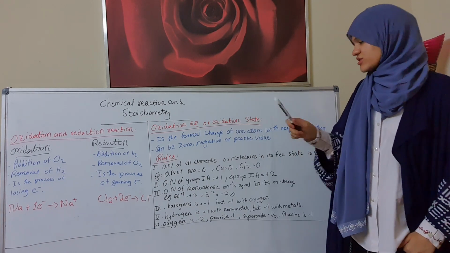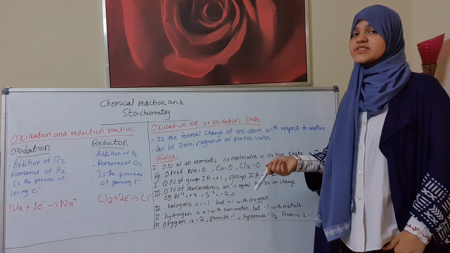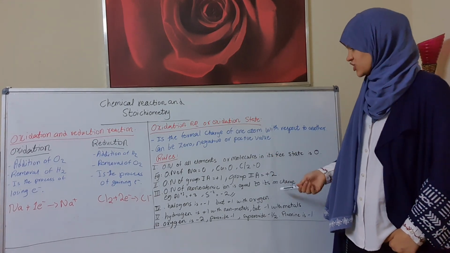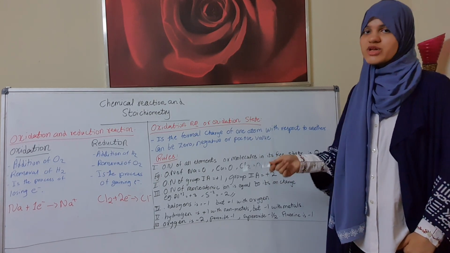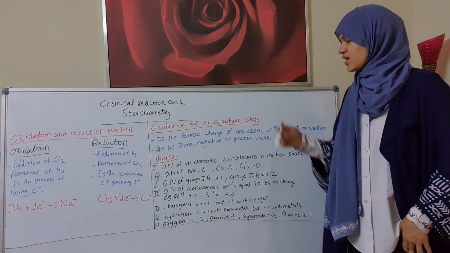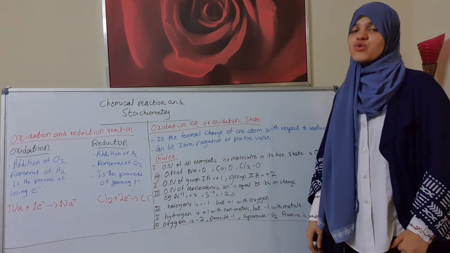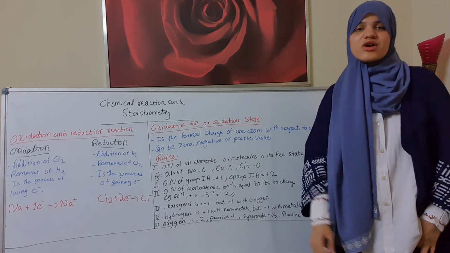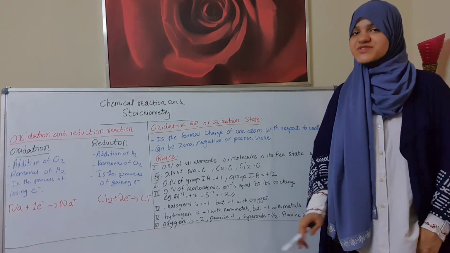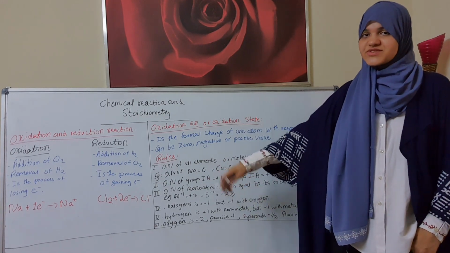Now here, the oxidation number of a monoatomic ion is equal to its ion charge. And this is the same thing with the polyatomics. Like for example, aluminium ion Al3+ will give us plus 3. The oxidation number of aluminium will also be positive 3, because its ion charge is positive 3.